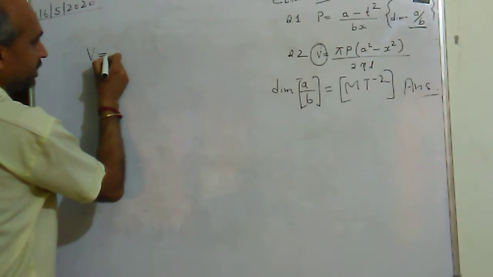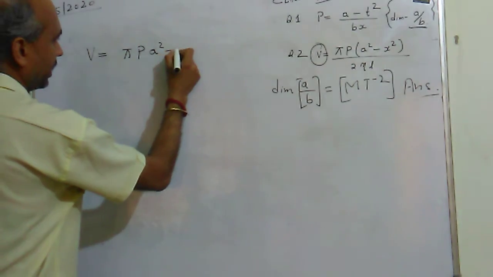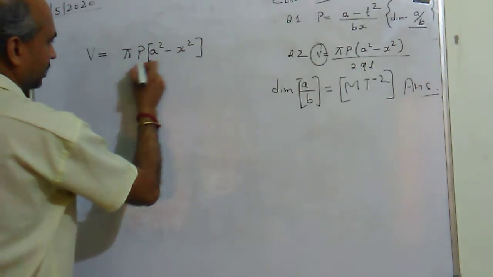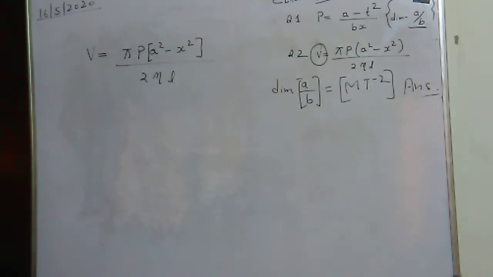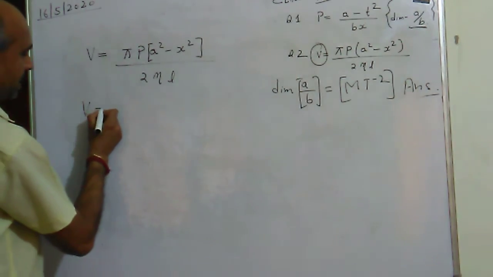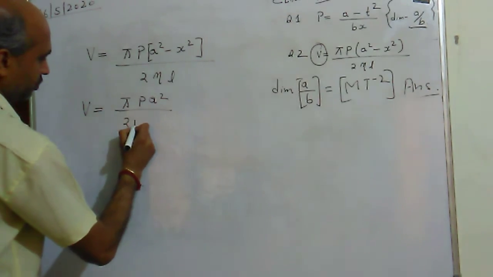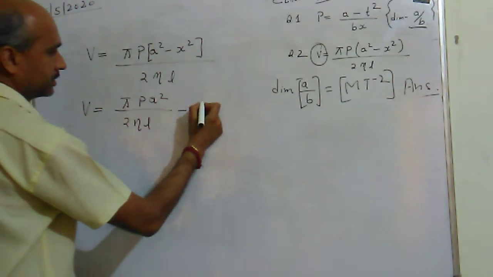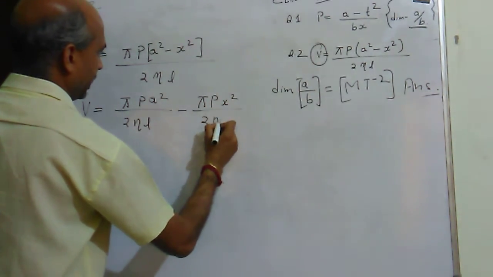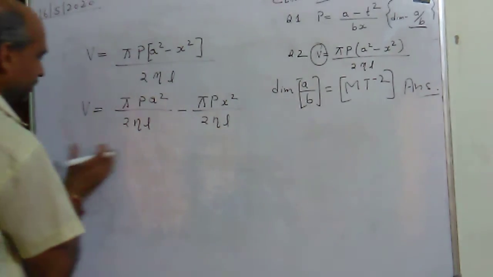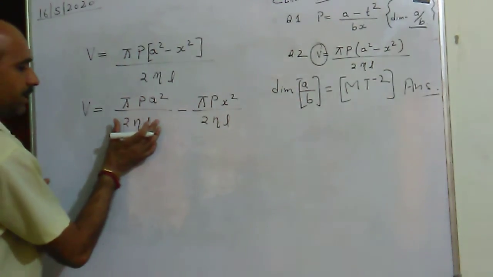So we have V equals pi P times A square minus X square upon 2 eta L. Okay, so the dimension of V equals pi P A square upon 2 eta L minus pi P X square upon 2 eta L. We can see that the dimension of V is equal to the dimension of this term, so no need of taking the other term.